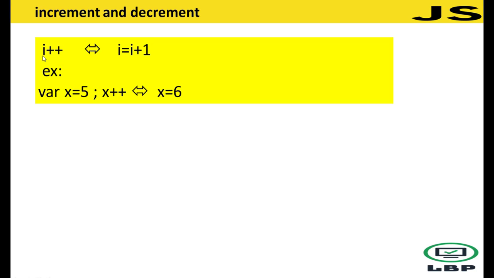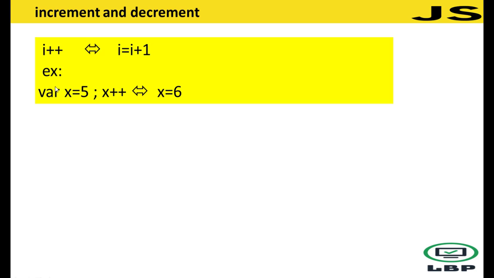If we have a variable, for example var i equal to 2 or 3, and we type a line i++, it means that we increase this number by 1. So i++ is the same thing as i equals i plus 1, okay?